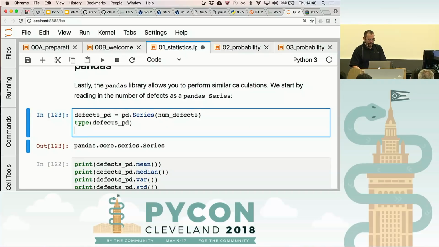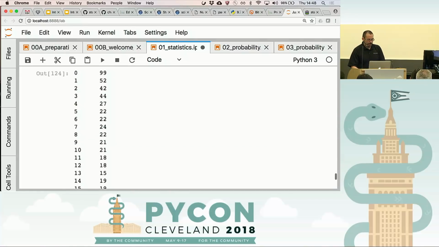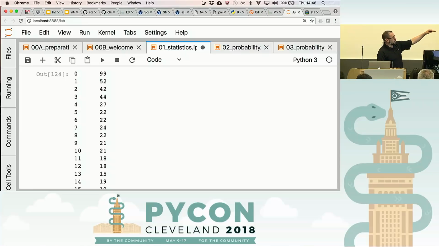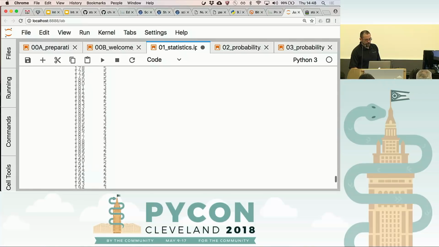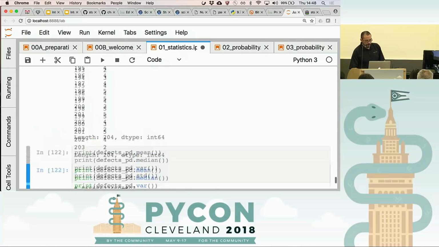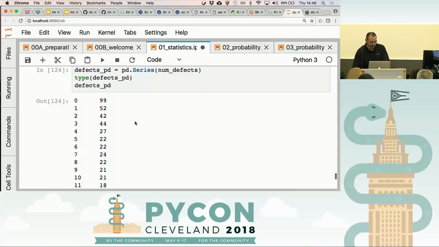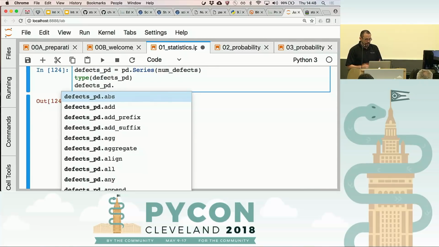You say, well, what does that look like in real world? Defects PD, print it out. And so it says, hey, row 0 had a 99 in it, row 1 had a 52, row 2 had a 42. And it's got all 204 pieces of data. This is not a pandas class, but with a pandas series, you've got all sorts of capabilities.